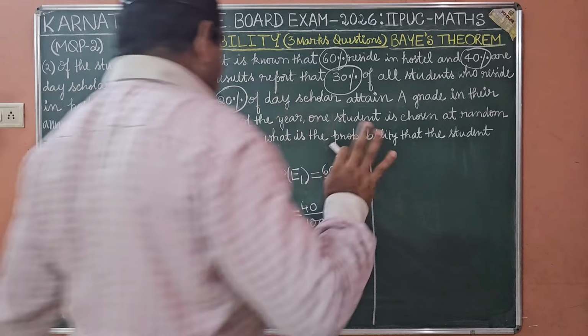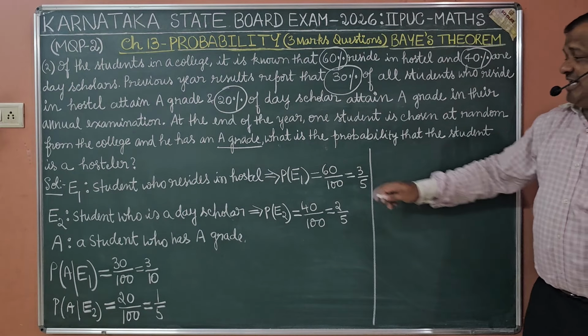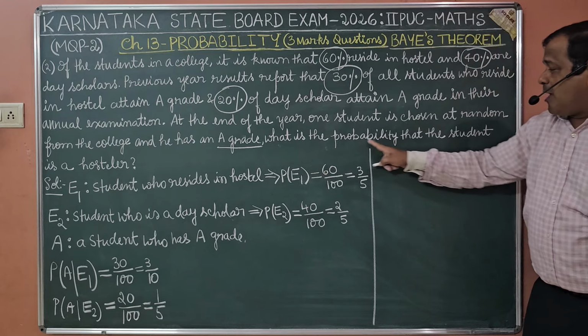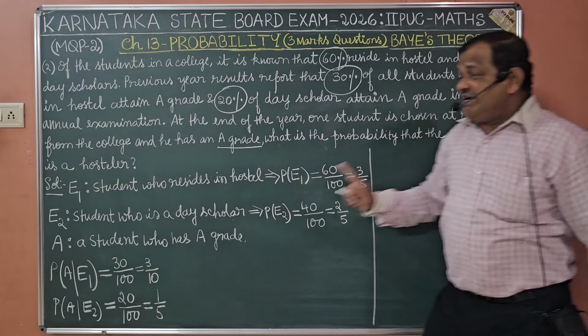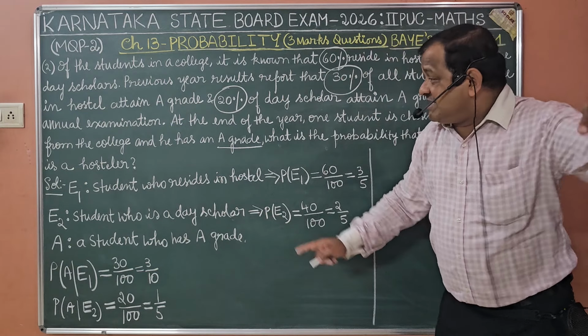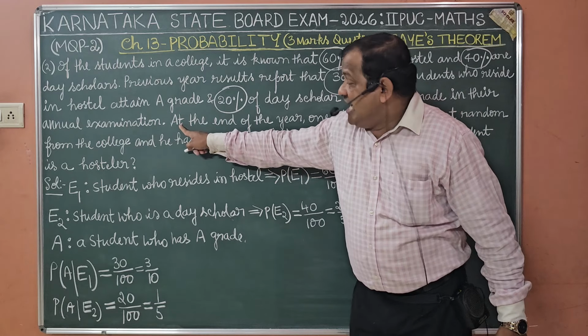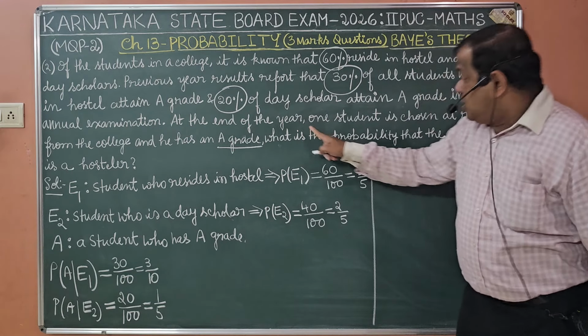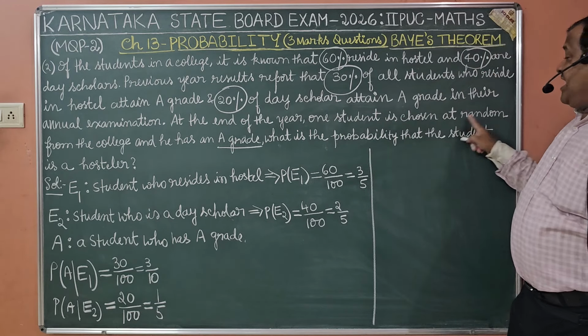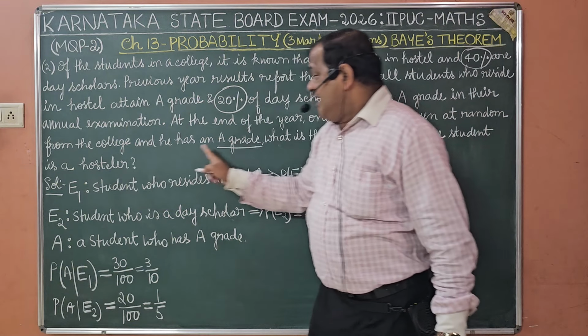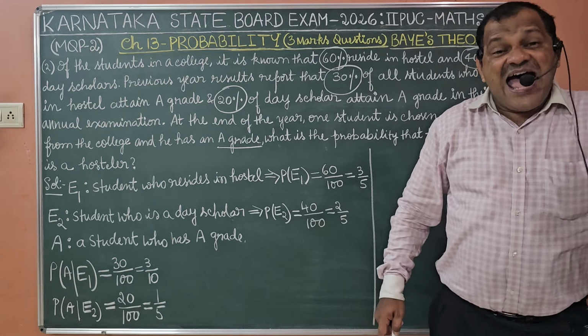here the important thing is, now read the last sentence. Last sentence is, what is the probability that student is a hosteler provided he has A grade? Or I will request you start reading from here. At the end of the year, one student is chosen at random from the college and he has an A grade.